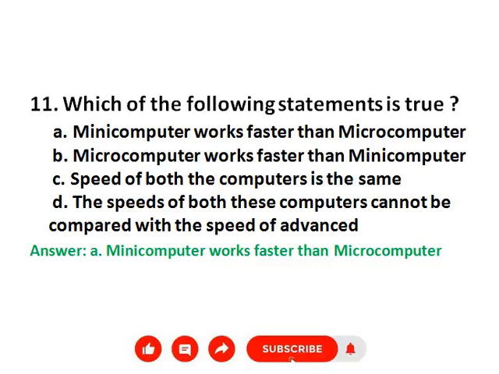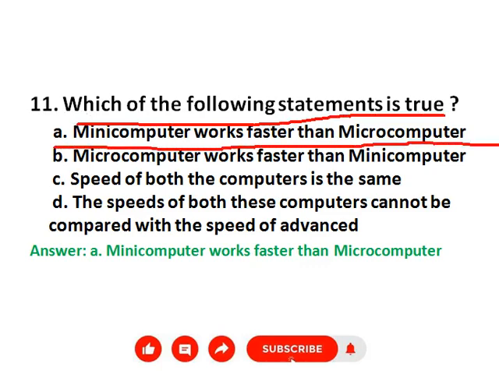Here we are discussing some important questions of computer basics. Here first question is, which of the following statement is true? Option A, mini computer works faster than microcomputer. Option B, microcomputer works faster than mini computer.